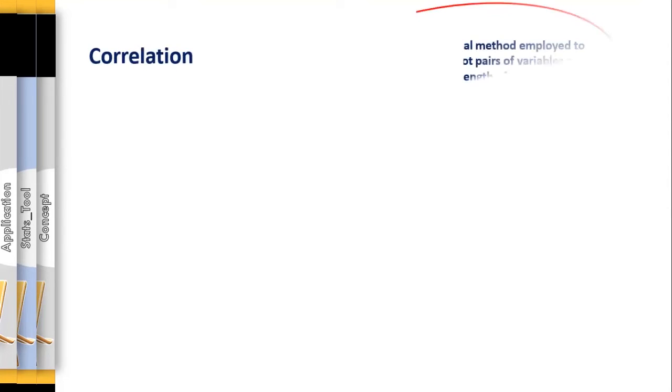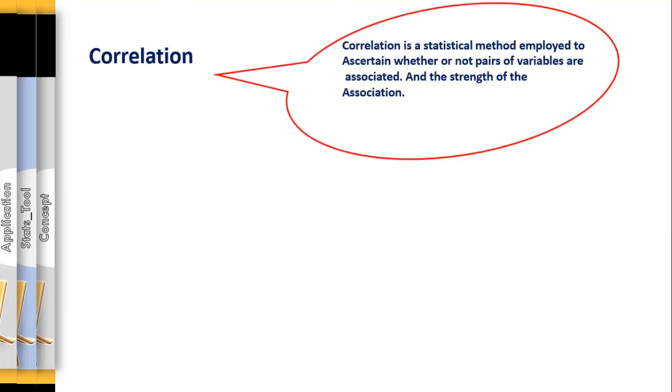Now, let's begin. Correlation analysis, what is it all about? Well, correlation is basically a statistical method that is employed to ascertain whether or not pairs of variables are associated, and also to establish the strength of that association. Now, in doing this, there are keynotes that one has to pay attention to.